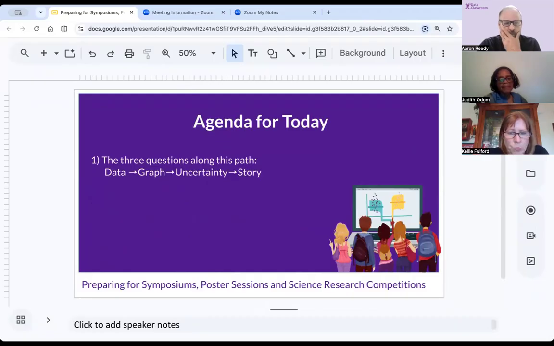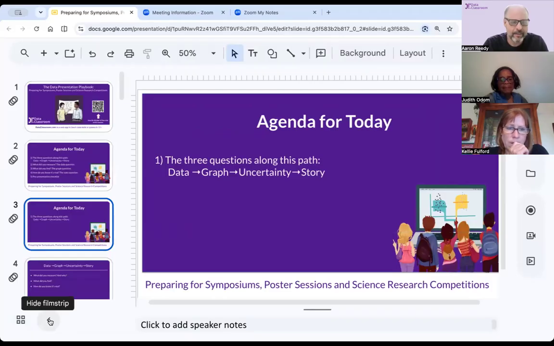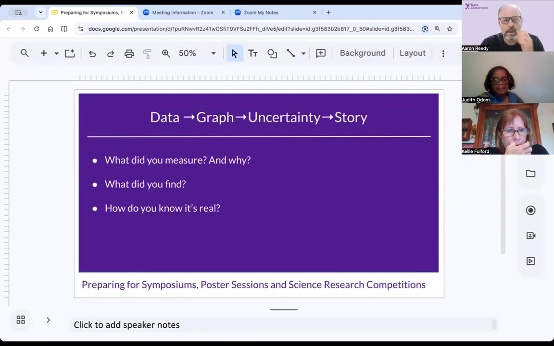So we're going to first take the three questions along the path. And again, that path is data to graph to uncertainty to story. And that's the way we're going to go here. Along this path, these three questions again are, what did you measure?